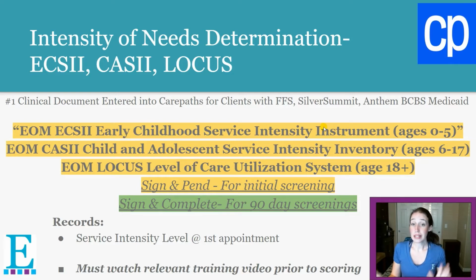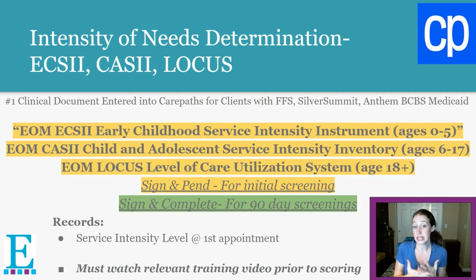And yellow means slow down. You need to sign and pend it for the initial screening. If you have already completed initial screening and you are now on your 90-day redetermination, you can sign and complete that. So anything you leave pending will come to Lori or I to sign and review.